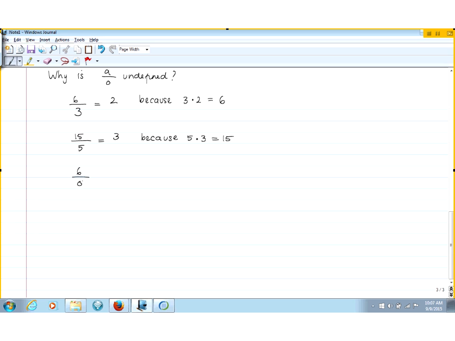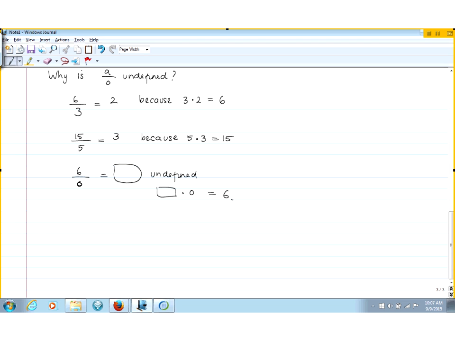Okay. Now let me ask you, what is 6 divided by 0? What should I put here? Can you have a number multiplied by 0 give you 6? No. So this one, that's why it is undefined. Because you can't have any number multiplied by 0 give you 6. This doesn't exist.